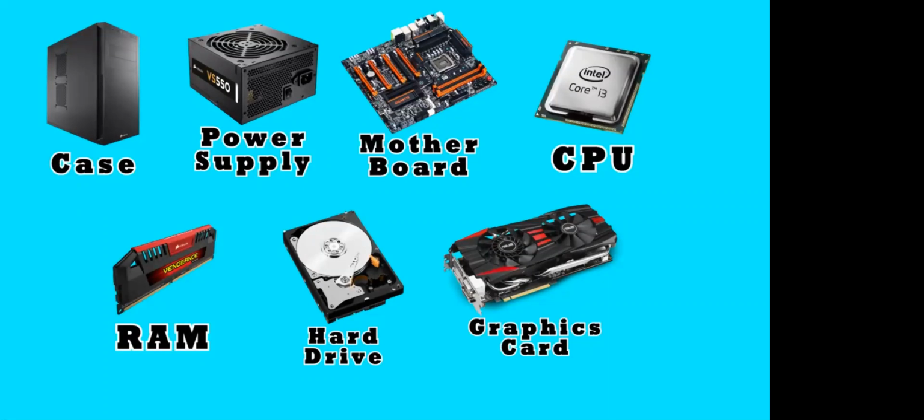And RAM will be a temporary memory, and it will run the data, information and applications. Then the hard drive will store the data permanently, and whenever you want it will retrieve and show it to you. Then the graphics card will give you a good video output.